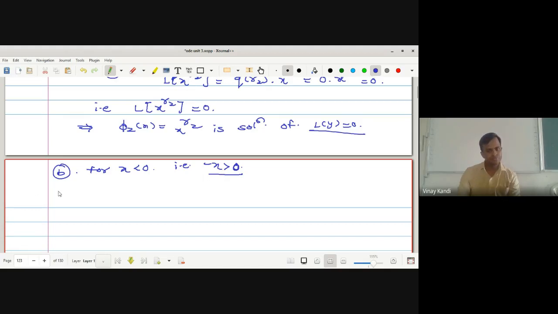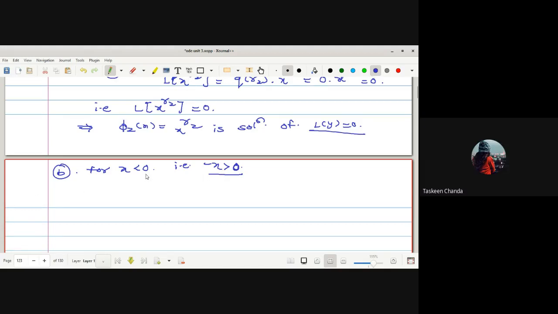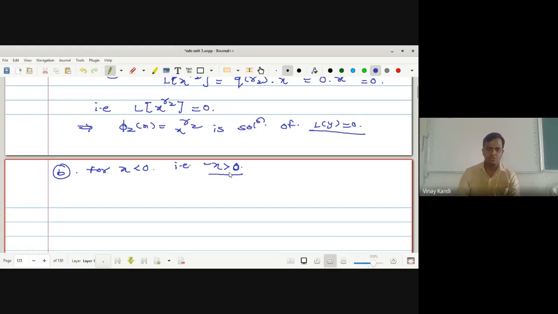Okay, any doubt? If x is less than 0, then minus x is always greater than 0. Now look here, we proved in the previous part that for any positive value this is true. So look at it: L of minus x raised to r.